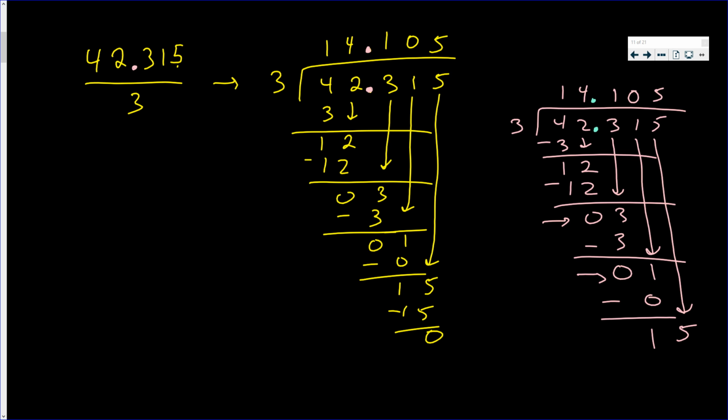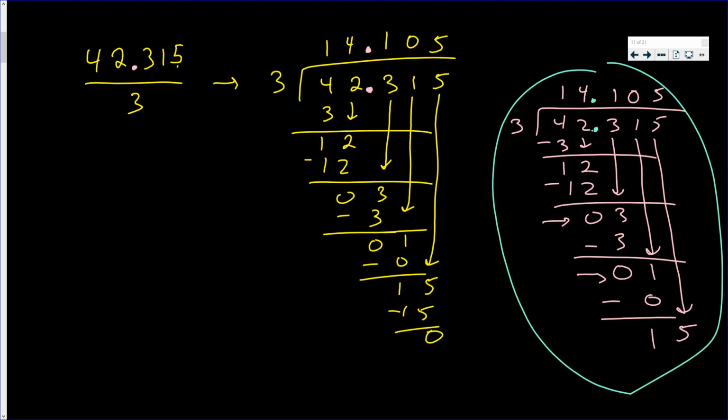Don't let the decimal bother you. And if it is, not a big deal. Put the decimal in at the end. The decimal's here, put it right above. The one thing that you have to be careful about is if you don't put the 1 right above the 4 and the 4 right above the 2 and the 3 right above the 1, etc., you're going to have trouble.